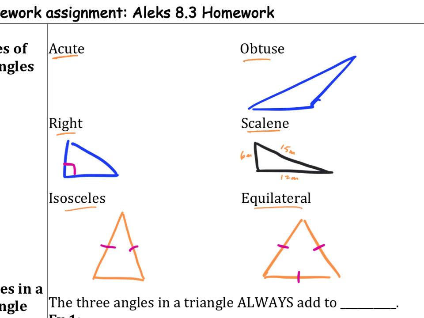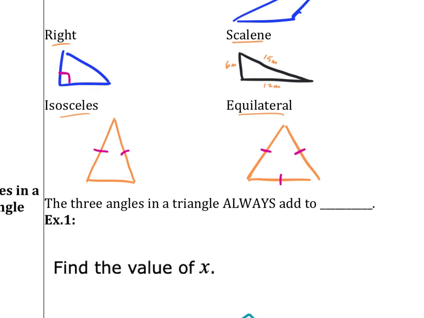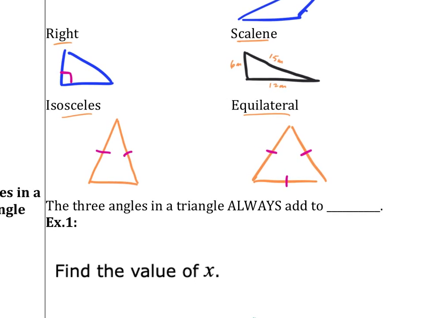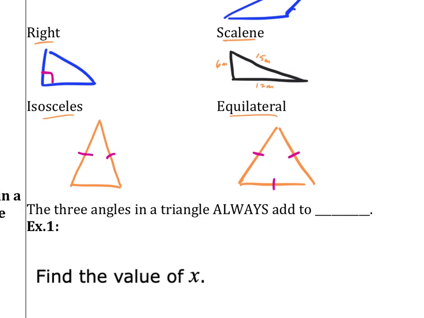You're going to learn more about triangles, but today the biggest thing we want to remember is that the three angles in a triangle always add up to 180 degrees.